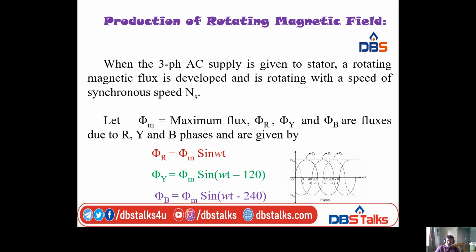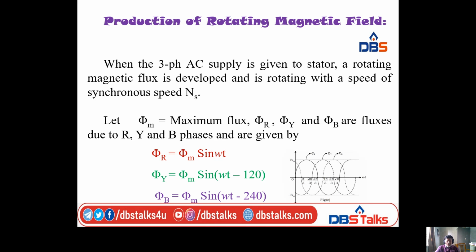Substitute 0 degrees in place of omega t. Phi r is equal to phi m sin 0, which is 0. So phi r is equal to 0, at omega t equal to 0. Phi y is equal to phi m sin of 0 minus 120, that is minus sin 120. And sin 120 is sin of 90 plus 30, that is cos 30, which is 0.866.